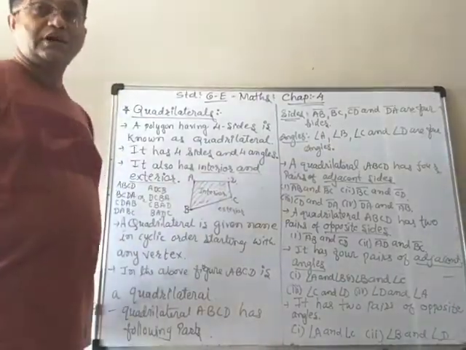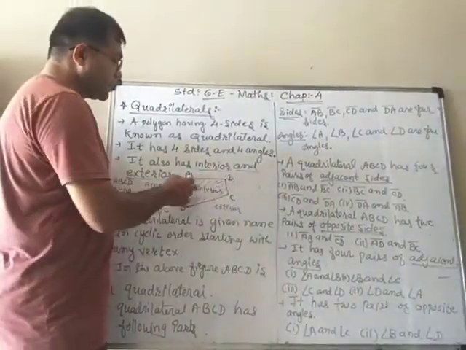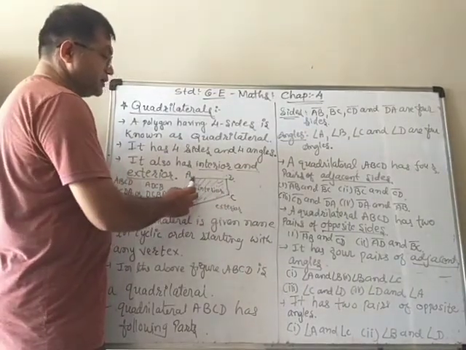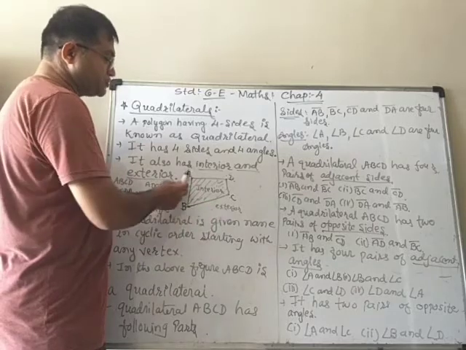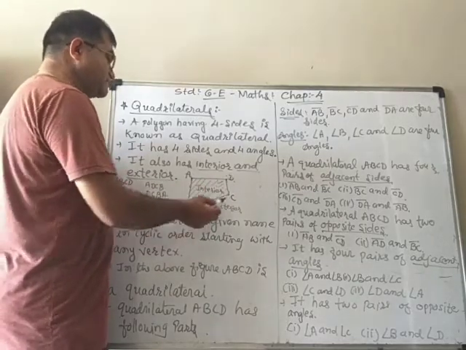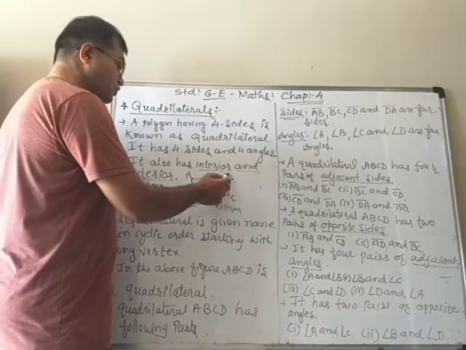We have to go corner by corner, side by side. It doesn't matter whether you move this way or this way. You can start from point A, B, C or D.